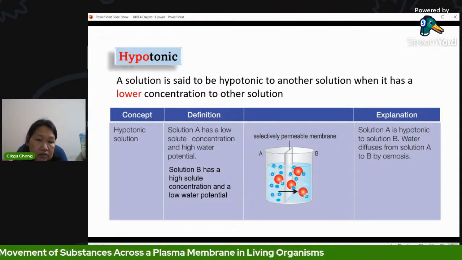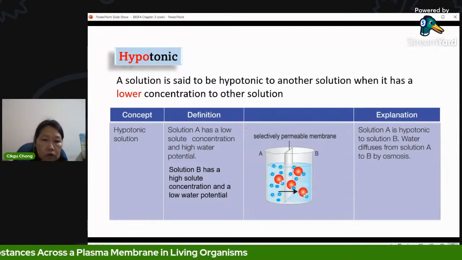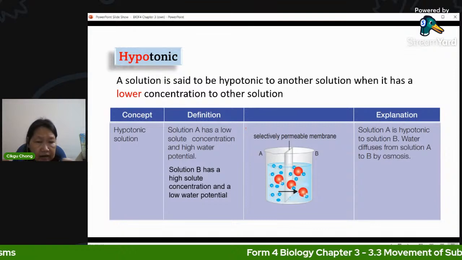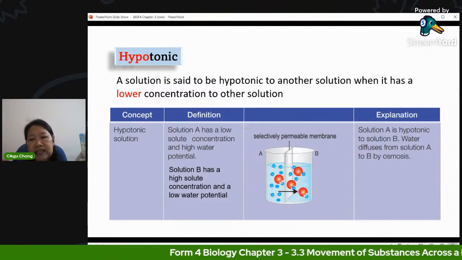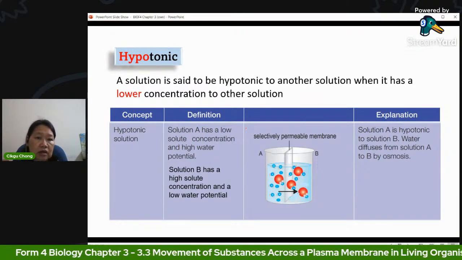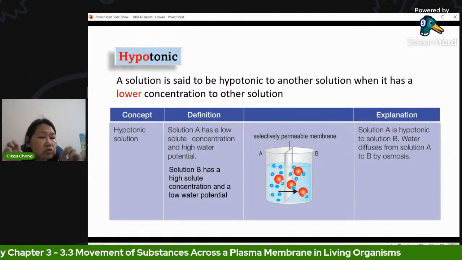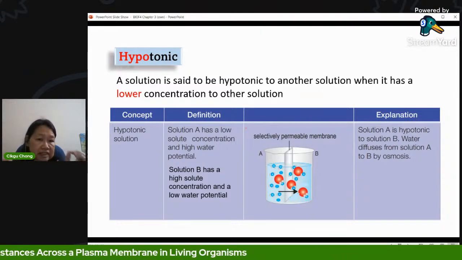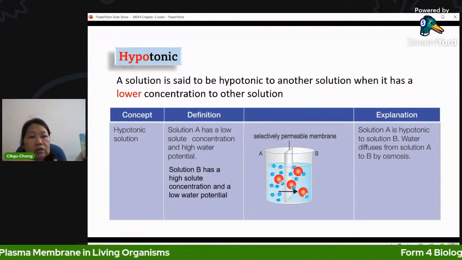Okay, therefore, because of this difference, only water will be able to pass through the selectively permeable membrane due to the size, right? So you will find that there's going to be a net movement of water from A to B. The solute will try to go through, but it's not allowed to because of the size. So as a result, only water will be able to pass.